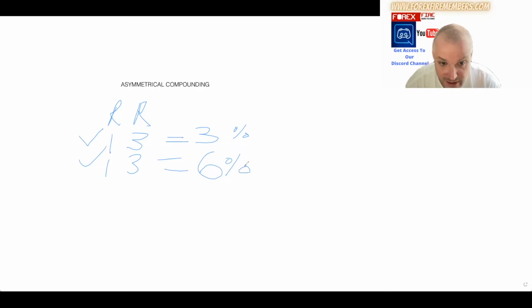Okay, so that's 6%. Right, so let's say now you've got 6%. You now want to do what we call the asymmetrical compounding. So what you're doing is you've got your 1, 3%, plus your 3 is 4. Okay, so after 2 winning trades, that's what you want to do.